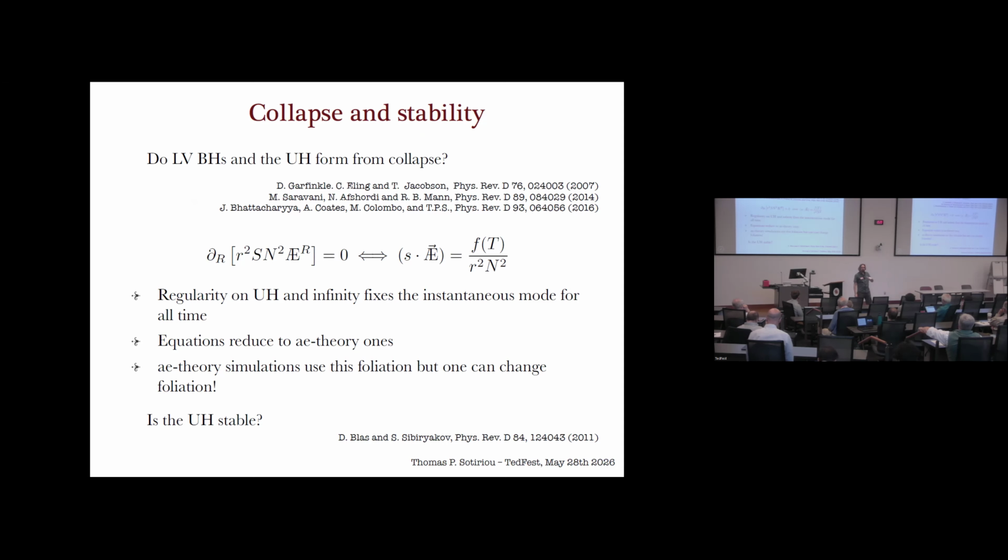But the universal horizon, as I've told you before, is a leaf of the foliation that doesn't reach spatial infinity, and hence, how do I prescribe boundary conditions from that point onwards? So in a sense, it makes sense that something has to go wrong there. Otherwise, I need to prescribe what is happening in a different asymptotic region to be able to continue evolution inside. Blas and Sibiryakov have found some tentative evidence there might be an instability on the universal horizon, but there is no conclusive proof.